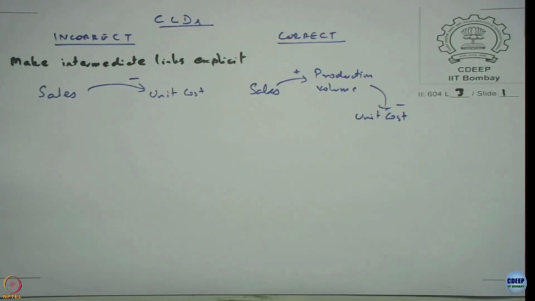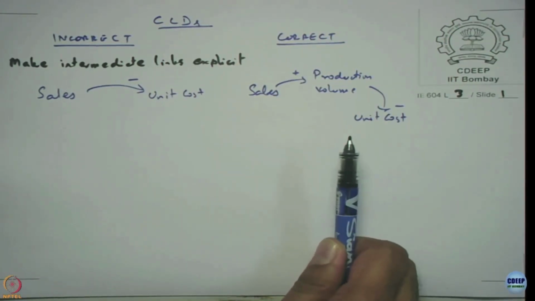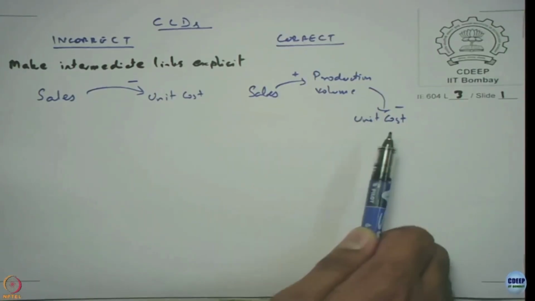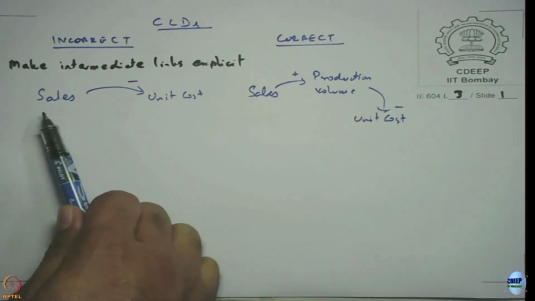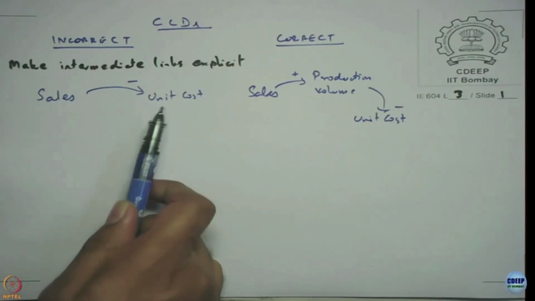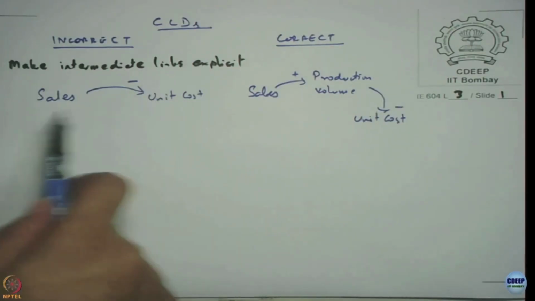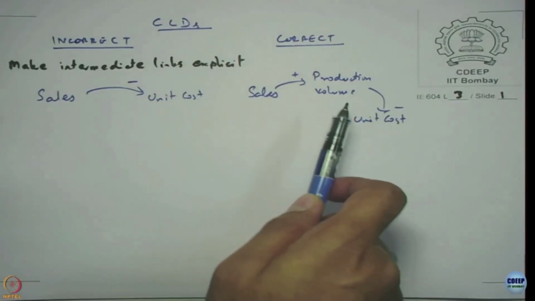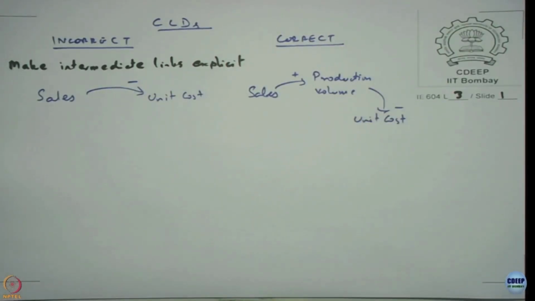So, this option here is a little more intuitive for us. The larger quantity we produce, the reduced cost, rather than this one here where we are trying to link, yes, there is larger amount of sales, because of which I am able to give you discounts, things like that, but there is an intermediate variable here which now makes it a little more explanatory, a little more intuitive to understand.